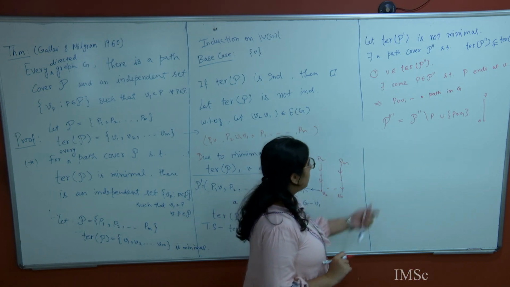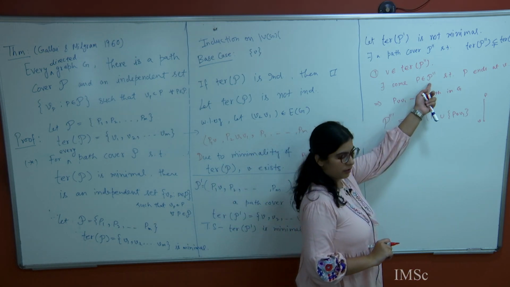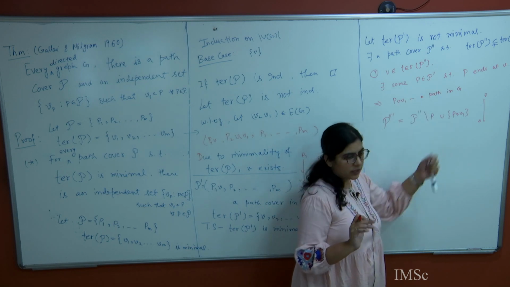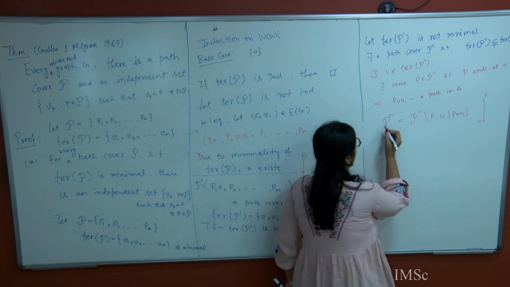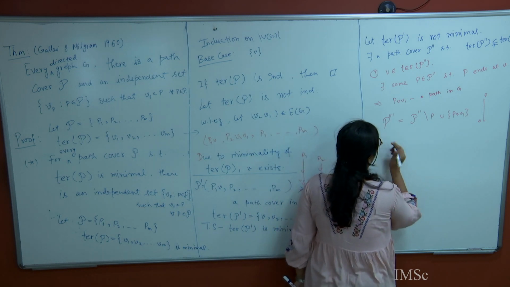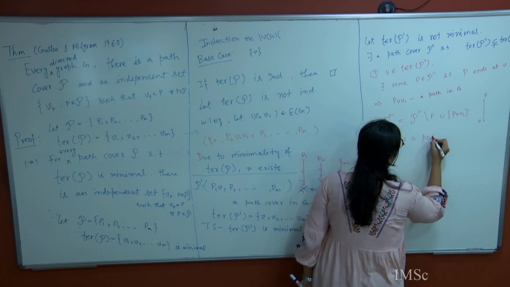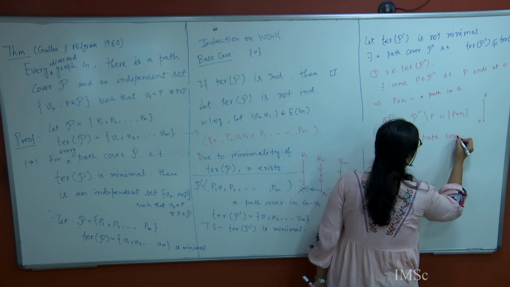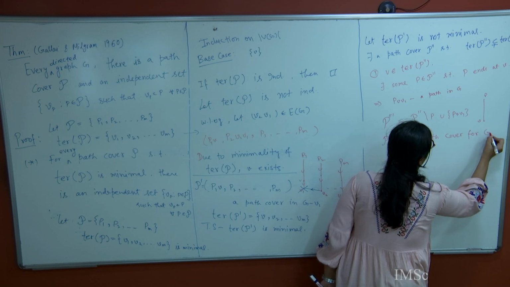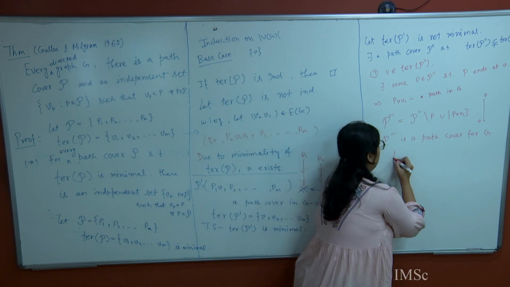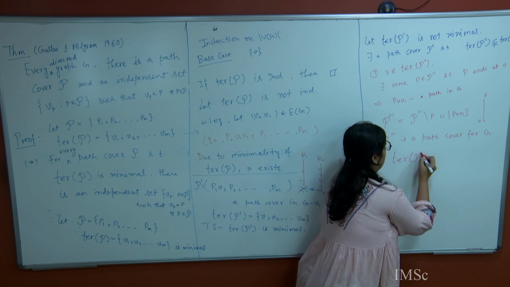Now notice that P double prime was a path cover for G minus V1, so P triple prime is a path cover for G. But what can you say about the terminal set of this path cover?